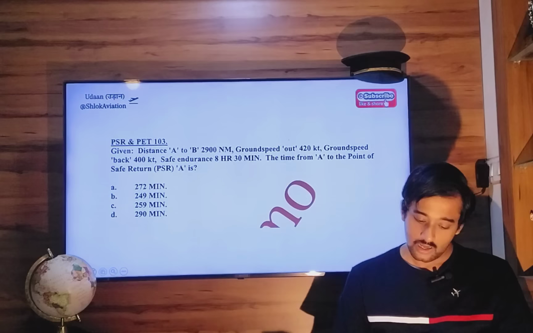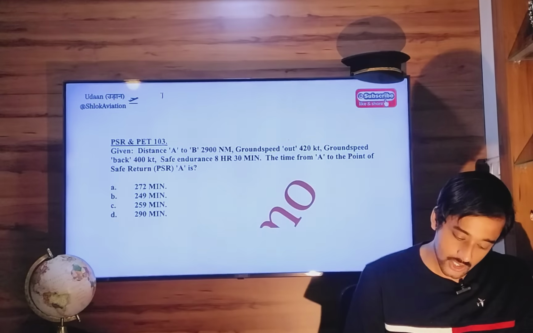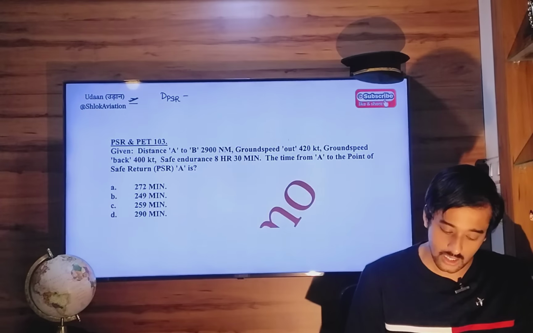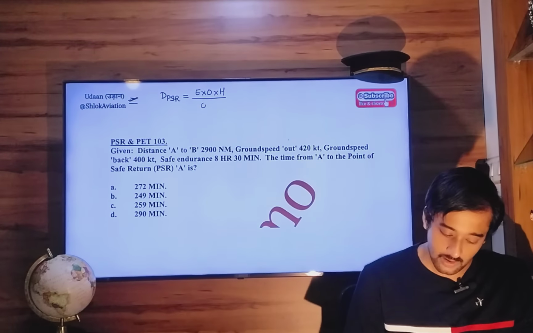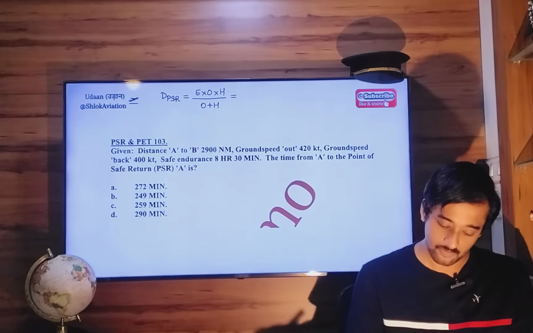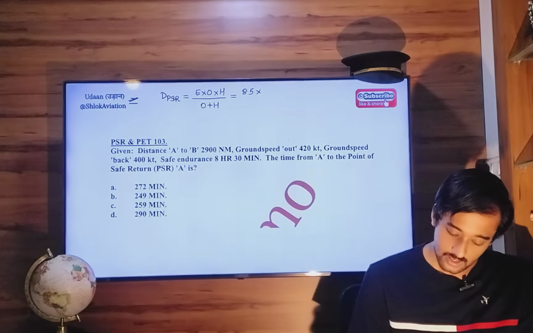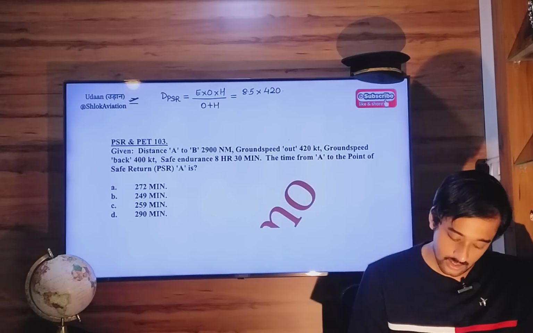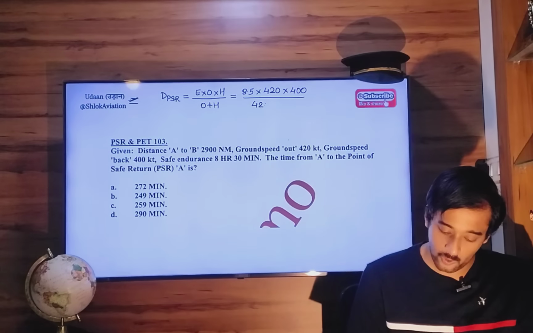Next. What is the time from A to the point of safe return? So distance to the point of safe return is endurance into outbound into homebound divided by outbound plus homebound. So 8 hours 30 minutes, 8.5 into 420 into 400 divided by 420 plus 400.